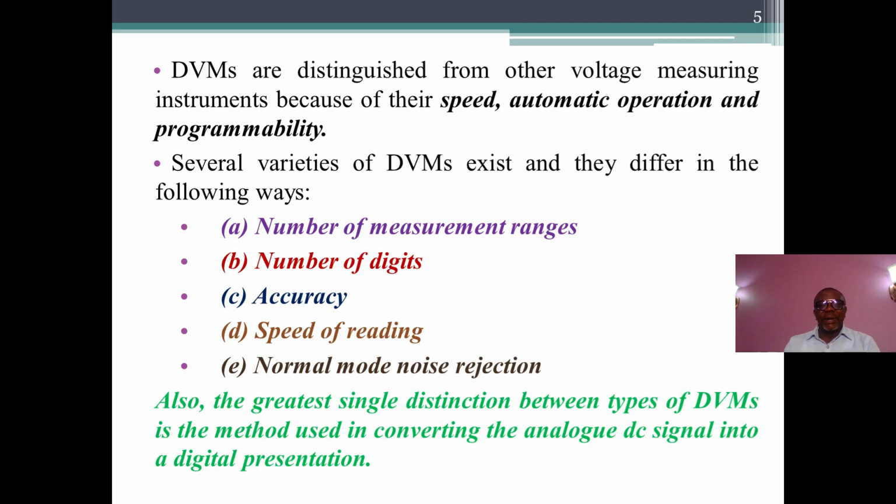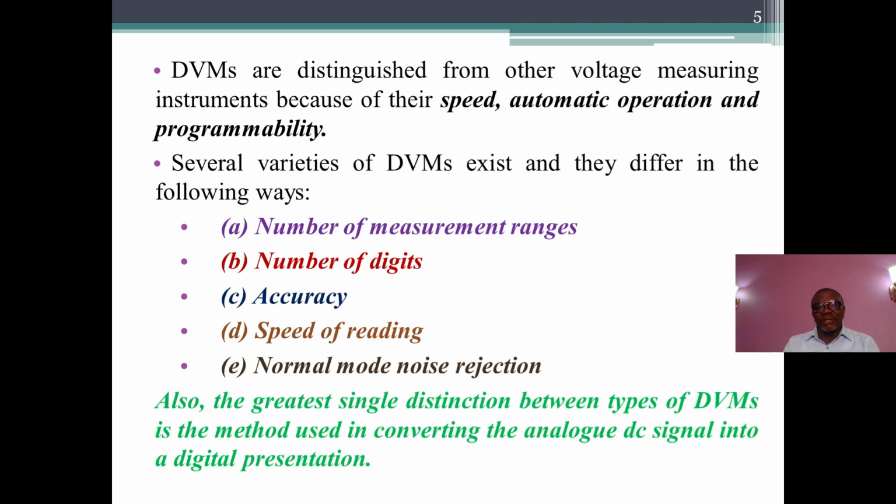Then the number of digits. This has to do with the number of decimal places it can give. The more the decimal places, the more accurate your reading will be. And of course, accuracy, speed of reading, and normal mode noise rejection.